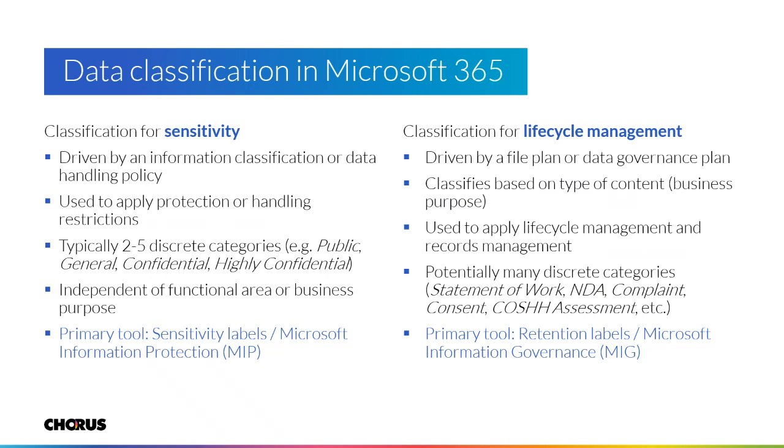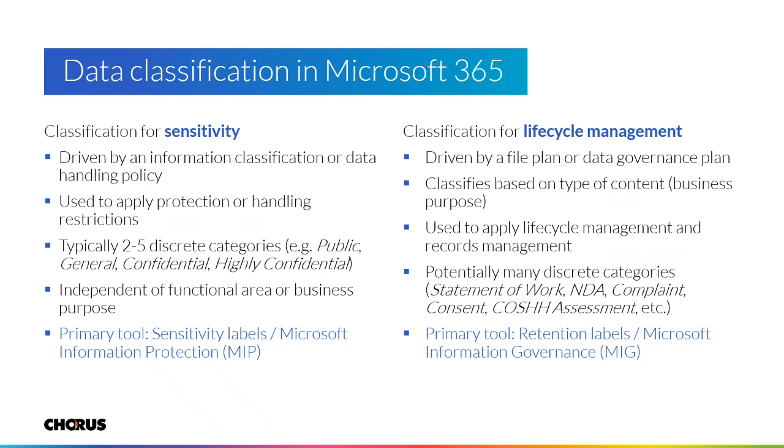So usually you end up with somewhere between 2 and 5 discrete categories, kind of buckets that all your content is going to fit into, and they're independent of the functional area or business purpose. So they're things like public, general, confidential, highly confidential. It doesn't matter whether it's a statement of work or an invoice. All we care about is how sensitive is it. The primary tool for this kind of classification is sensitivity labels, which is part of a solution called Microsoft Information Protection.